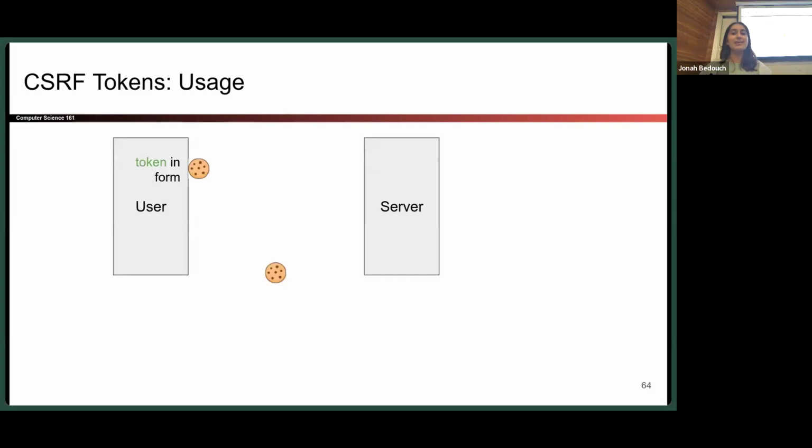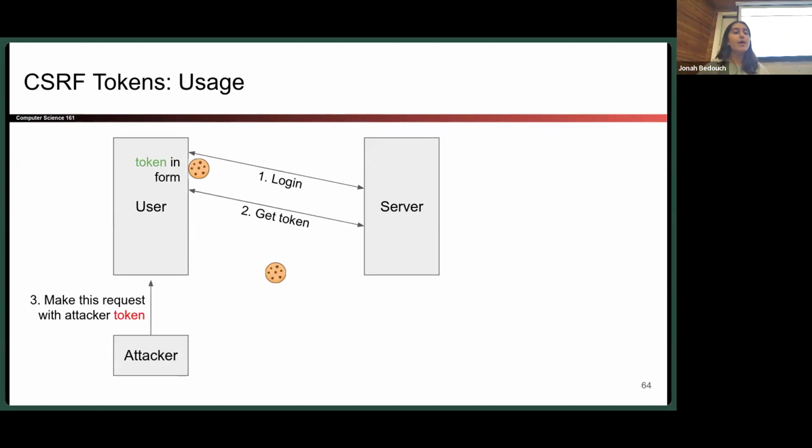So this is a visual example. A user is going to log in and get a top secret CSRF token, right? So here they're going to get their session token and then their CSRF token. You get both of them. Now let's have the attacker say, okay, make this request with some token. Maybe they try to put in their own token.